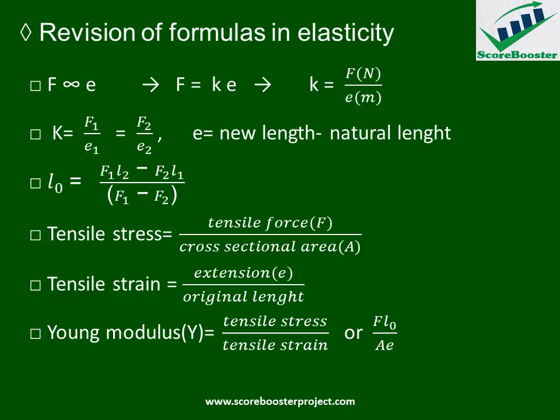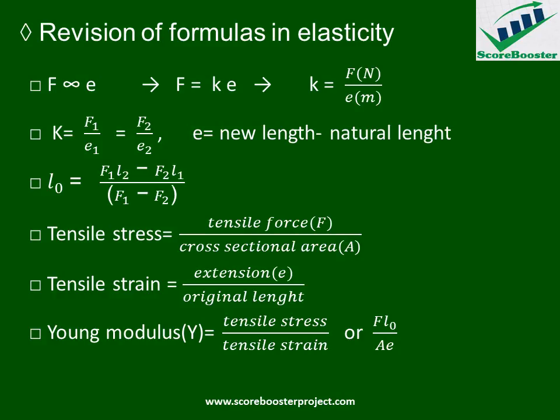Now, we also derived the formula connecting two forces and two extensions, and that is given as K equals F1 over E1 equals F2 over E2. So F1 here is the first force, F2 is the second force you are given.